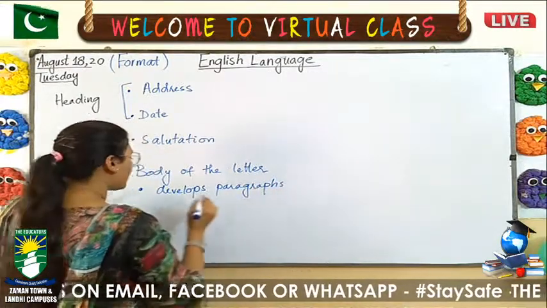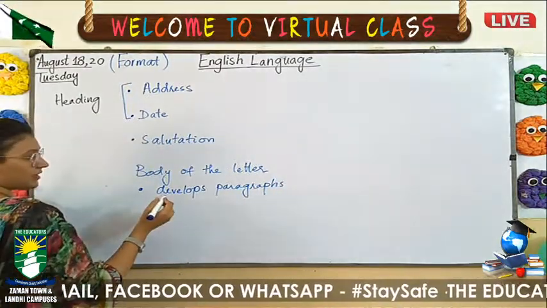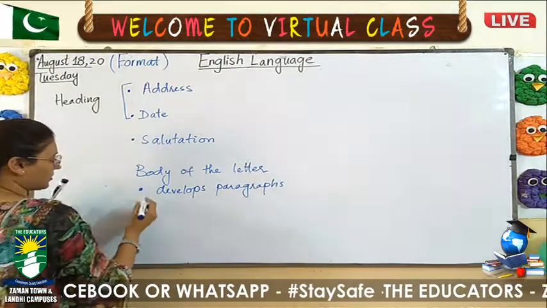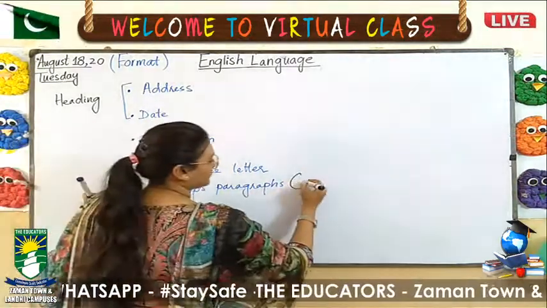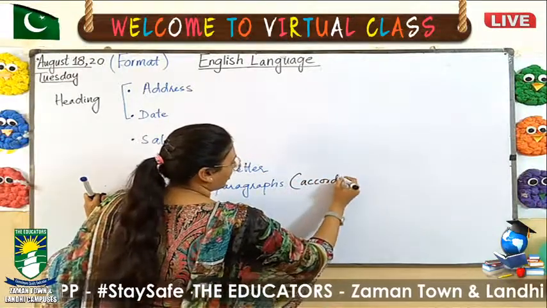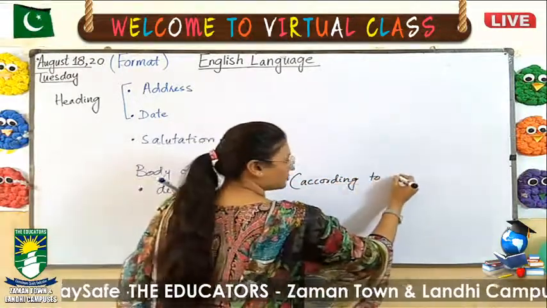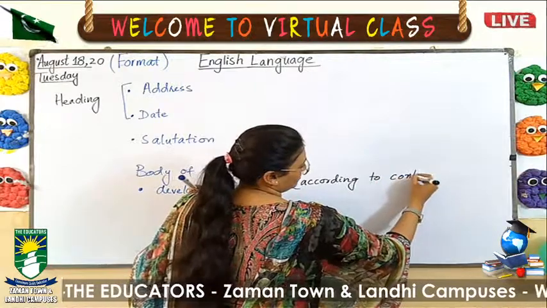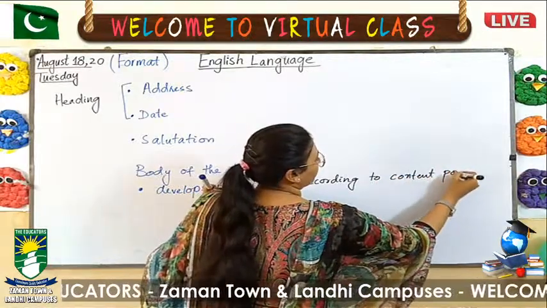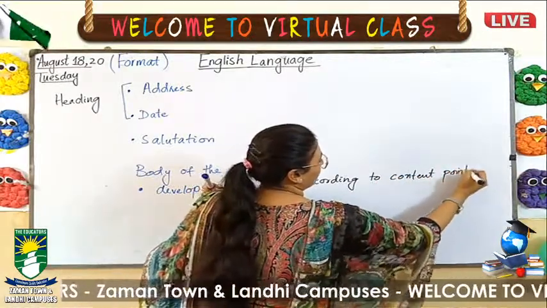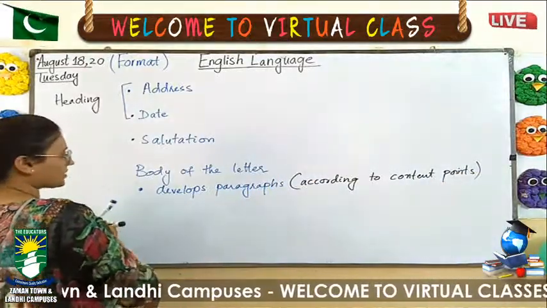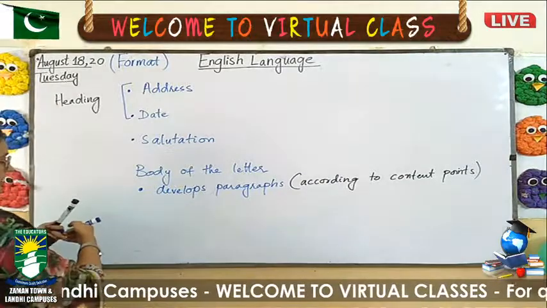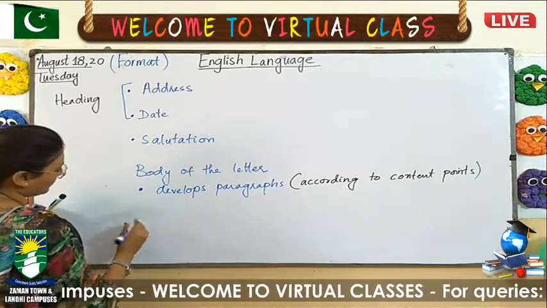If the content points are 4, you would be developing 4 paragraphs. Okay, it is according to the content points.